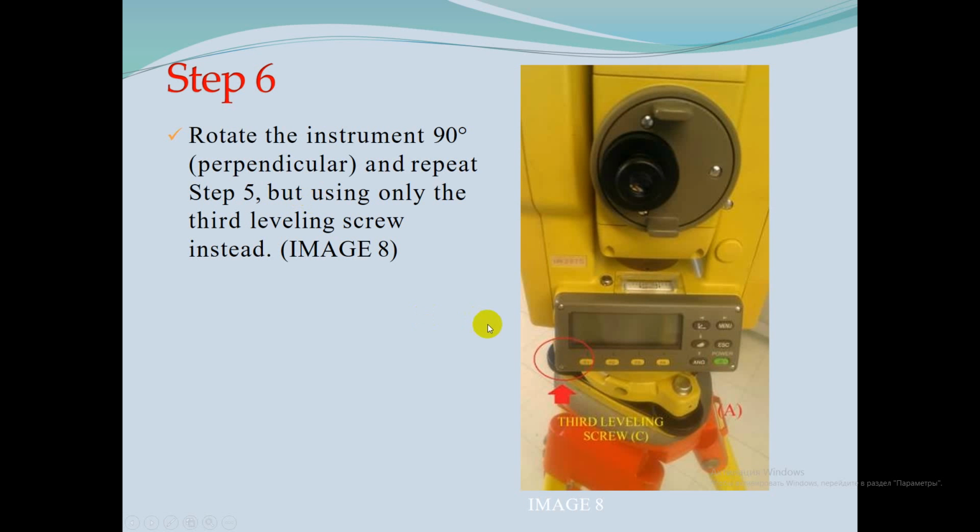So you repeat step 5 but using only the third leveling screw instead. This is very important. This is the bubble.